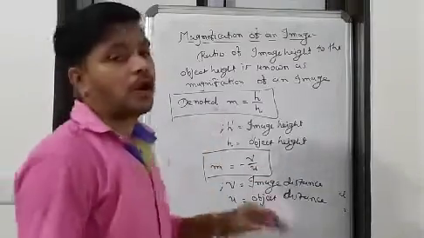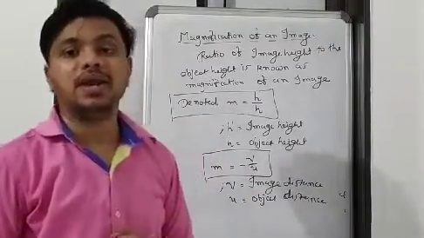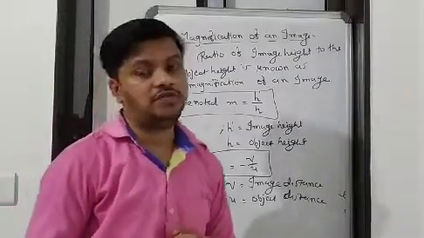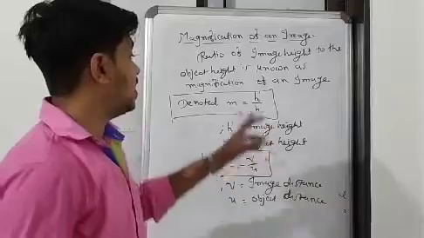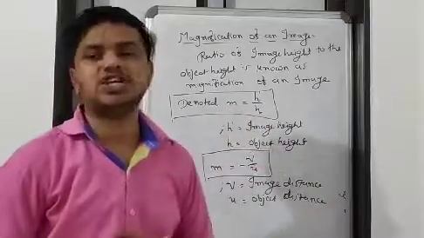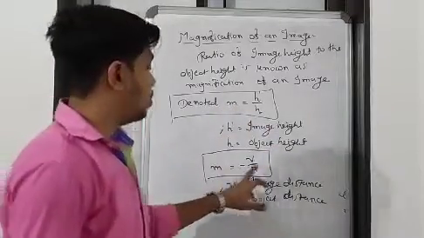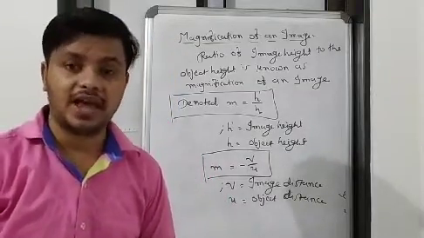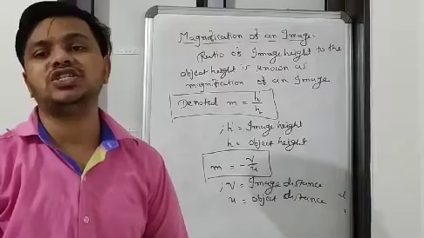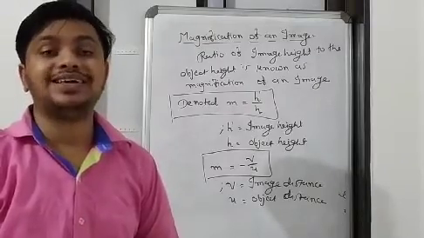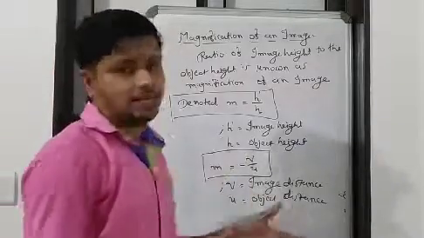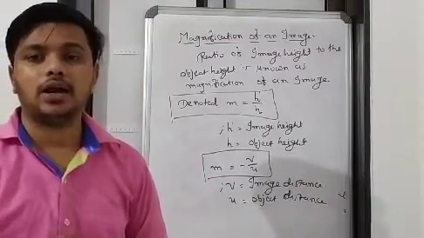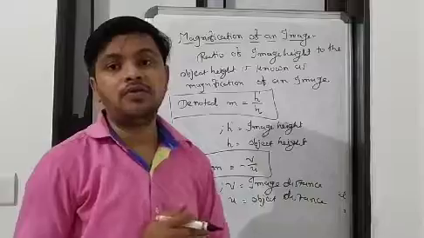So there are three formulas related to the mirror. The first one is the mirror formula, which is 1 upon u plus 1 upon v is equal to 1 upon f. For the magnification, m is equal to h dash by h and m is equal to minus v by u. You have to take all of them, u, v, f, according to the Cartesian sign convention, as positive or negative. V can be positive or negative.